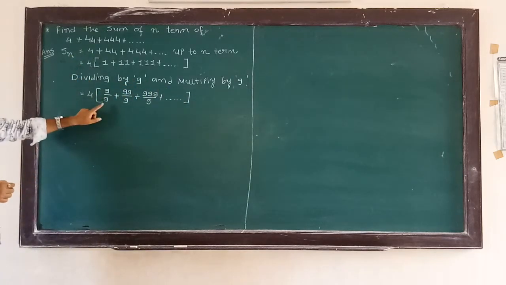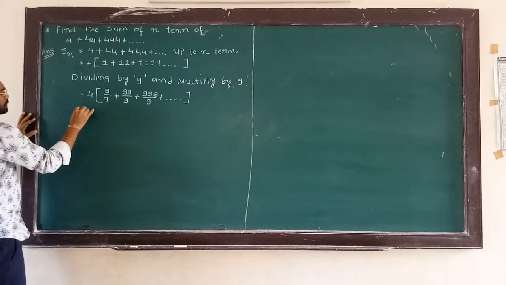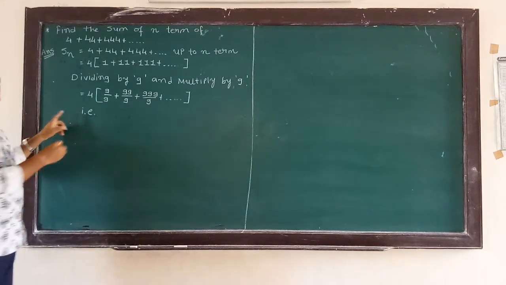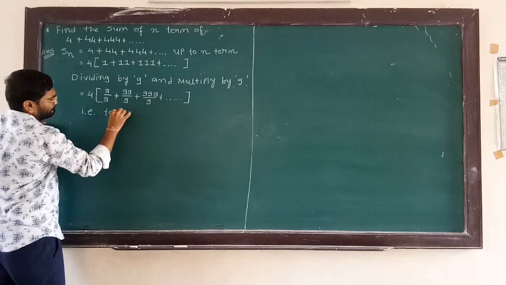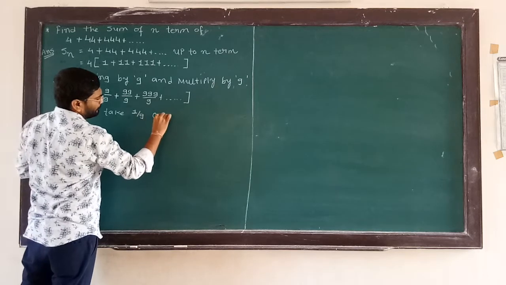Now we are taking 1 upon 9 common here. So we write in effect, take 1 by 9 common.